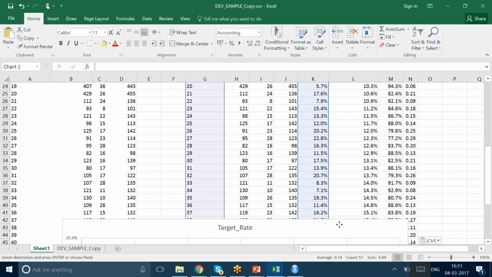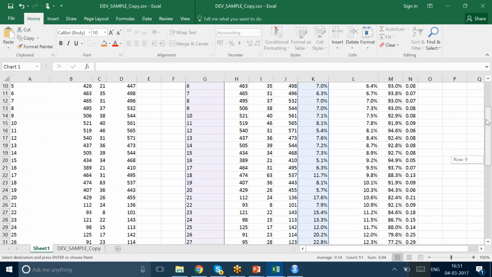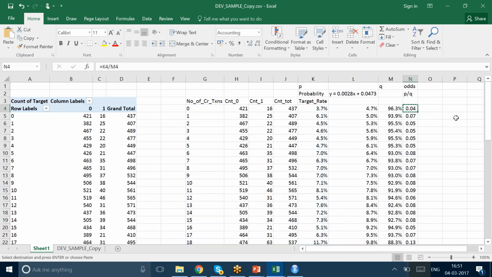What does odds show? If you see the odds number, odds of conversion to non-conversion is 0.04. What it means simply is, from 100, 4 will convert and 96 are not going to convert, approximately.